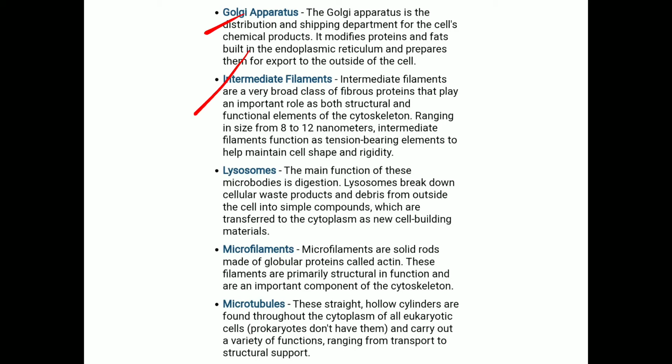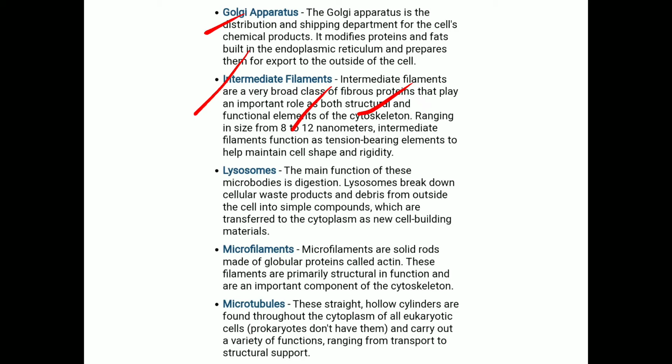Then after that, intermediate filaments. Intermediate filaments are a very broad class of fibrous proteins that play an important role as both structural and functional elements of the cytoskeleton, ranging in size from 8 to 12 nanometers.